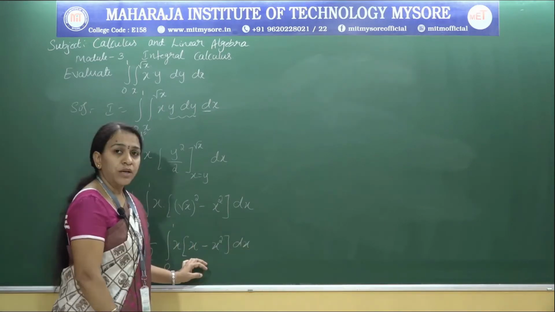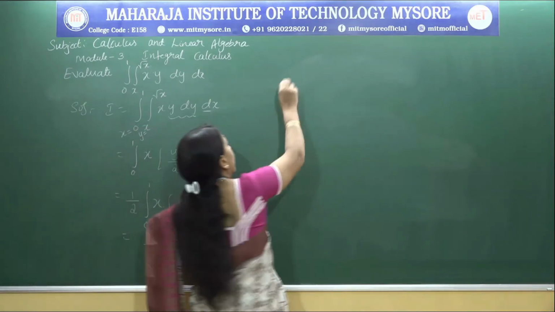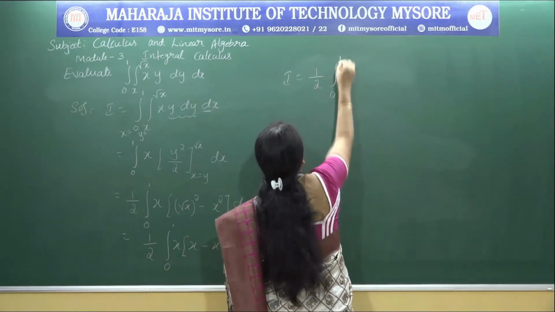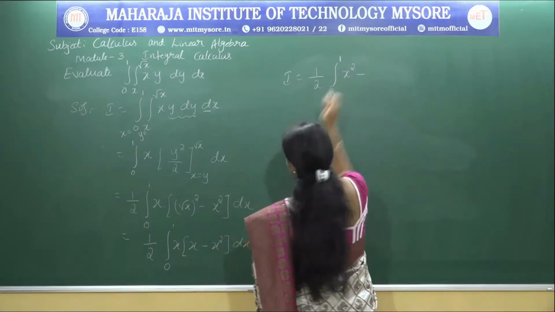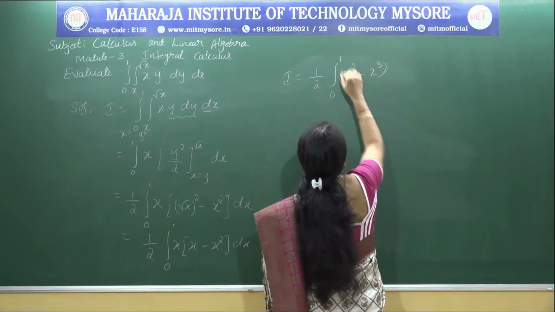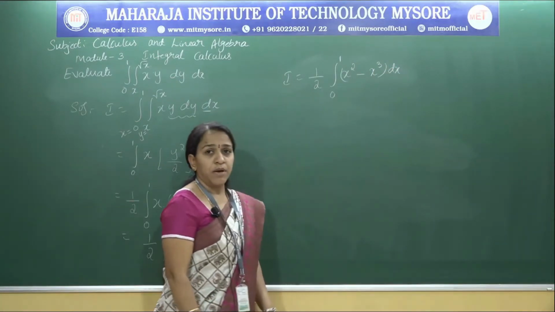Now before going to integrate, in the next step I can simplify one more step, that is I equal to 1 by 2 times integral 0 to 1 x into x will be x square minus x into x square is x cube dx. So we are left with only the x variable.